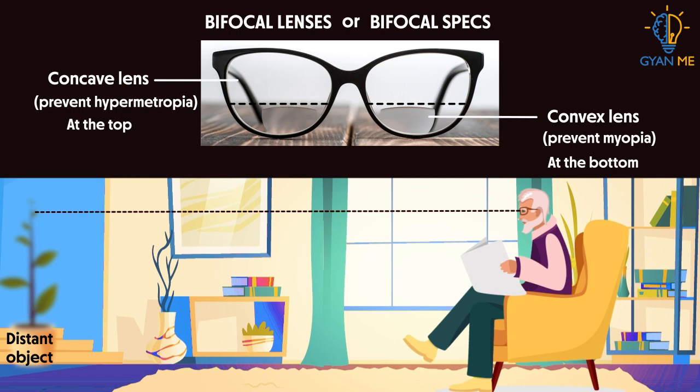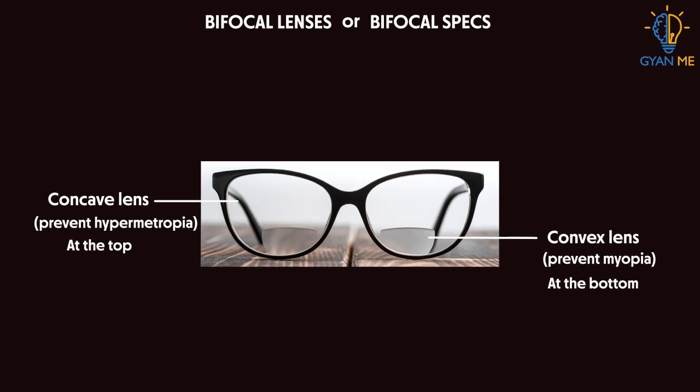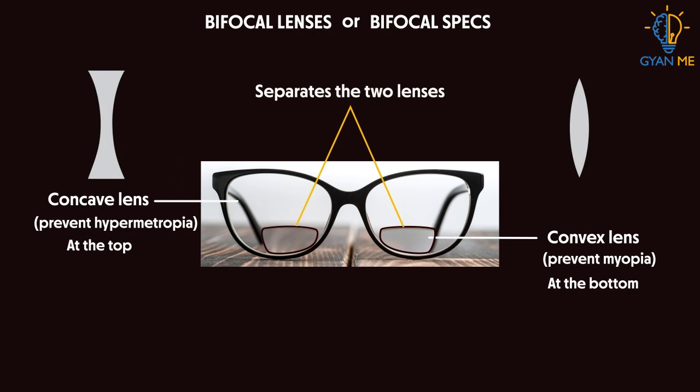And so the concave lens is fitted in the upper region like this, arranged so that distant objects seen through it appear clear and sharp. In older specs, these bifocal lenses have a clearly visible line separating them. Yes, this line separates the two lenses, the concave above and the convex below.